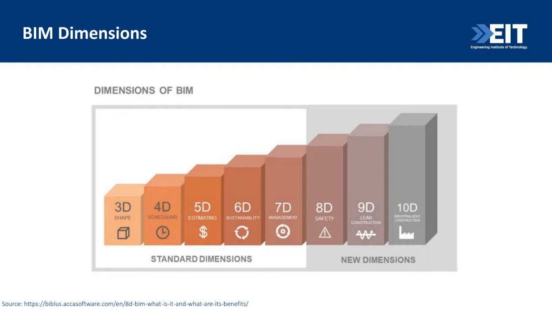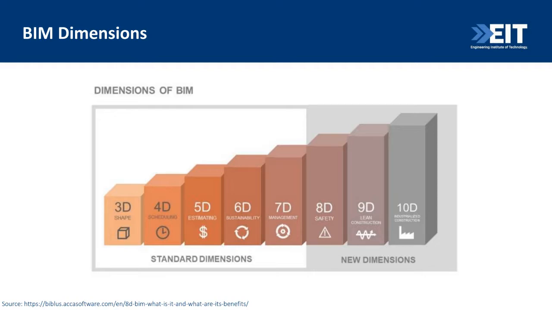Okay. Then we have the 5D BIM, which is the process of inserting cost data into the 3D digital model. So this dimension has fostered new and potential improvements in terms of efficiency, quality, and precision during cost management processes.